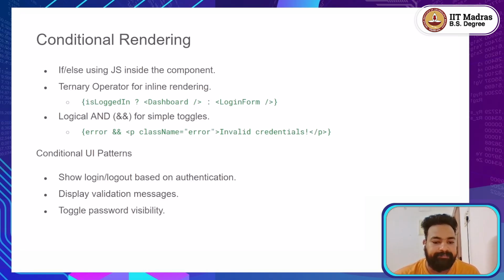For instance, we can use the ternary operator like the one given here, which says if isLoggedIn is true, it would show the Dashboard component, or it would show a login form component. We can also use the logical AND operator for simpler cases. For example, when the value of error is true, it will display the complete paragraph tag. Otherwise, it will not display anything.